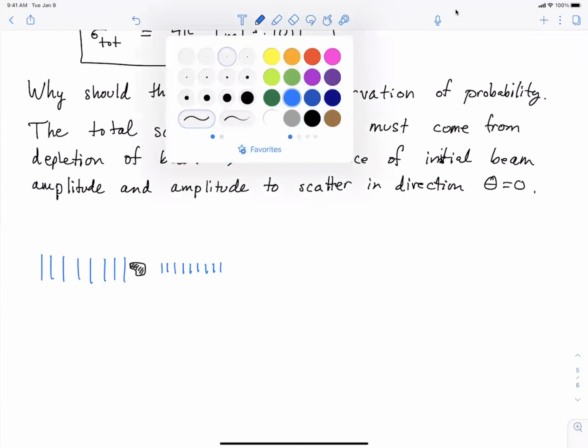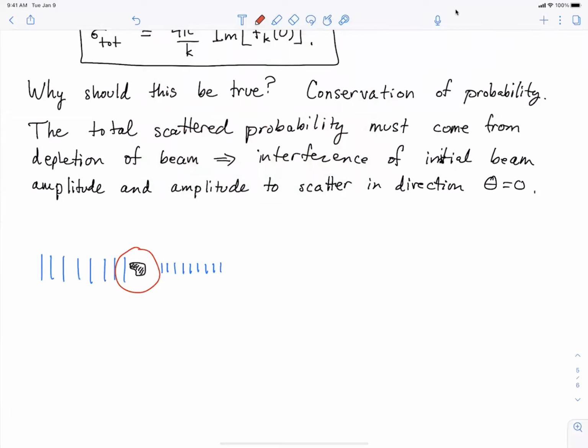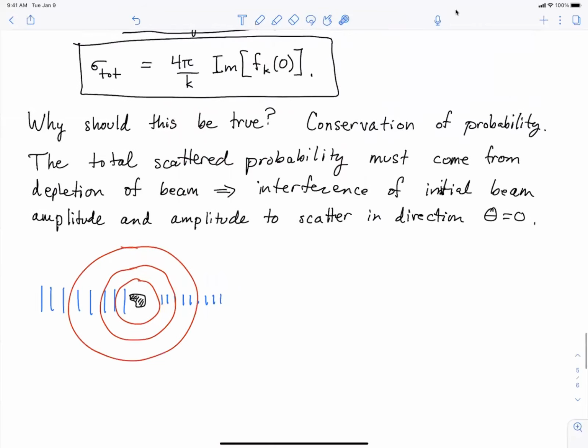And there's the scattered wave, which is going out in spherical directions, sort of like that. And so in this region right here, there's some interference. And the theorem is telling you, if you know something about that interference between the scattering amplitude in the forward direction, that's this up here, then that should tell you what's the total probability to scatter in any direction. So that's these things.